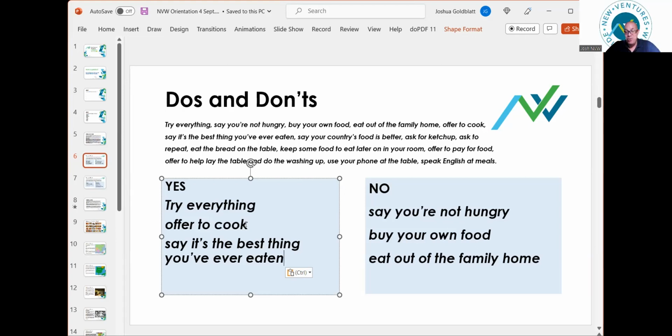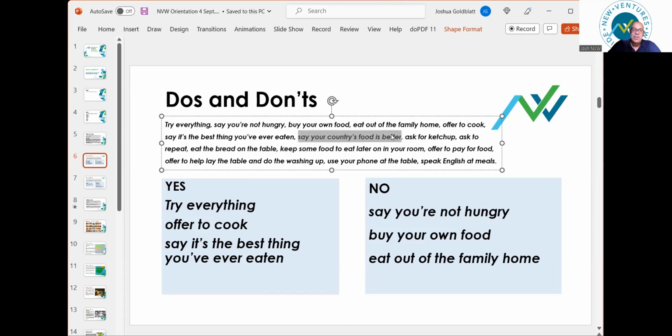So it's something you can say, even if it's not completely true. If they give you a tomato, oh, that's the best tomato I've ever eaten. Or if they give you a cup of coffee, oh, that is the nicest coffee I've ever drunk. Or whatever it is. You don't have to say it every time, but that's what they're probably thinking.